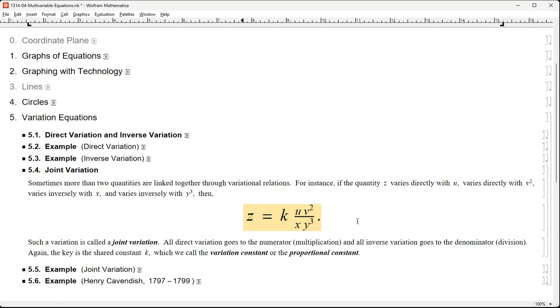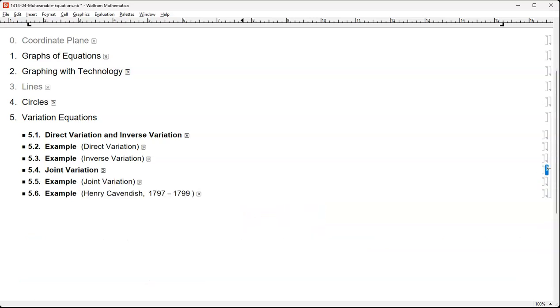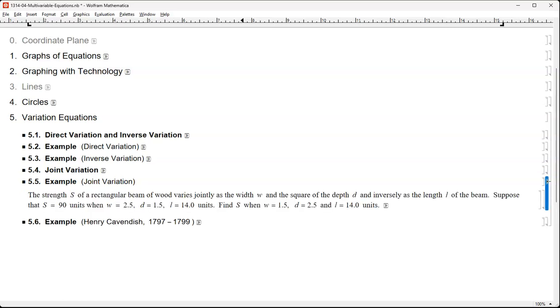Now, how do you do this? In this kind of problem, we really have to use the standard method, the 4-step method. Here's an example. The strength S of a rectangular beam of wood varies jointly as the width W and the square of the depth D, and inversely as the length L of the beam.